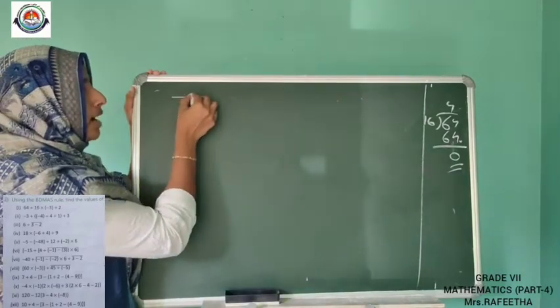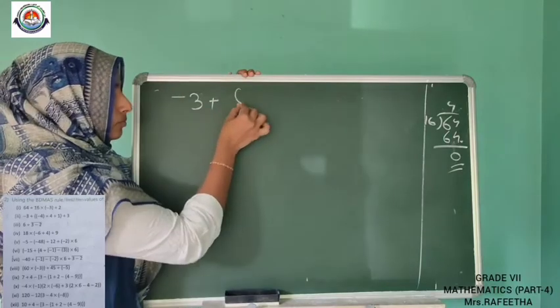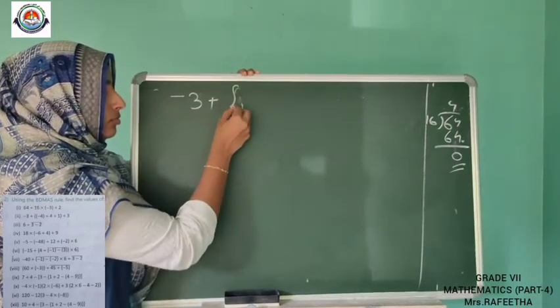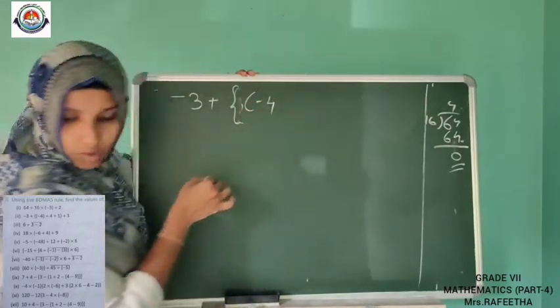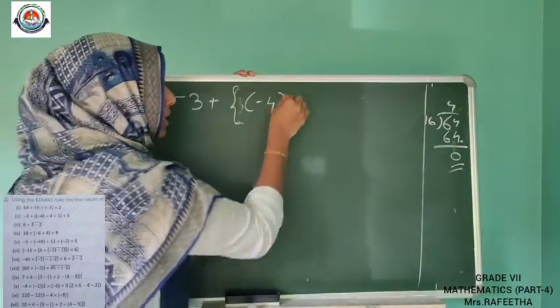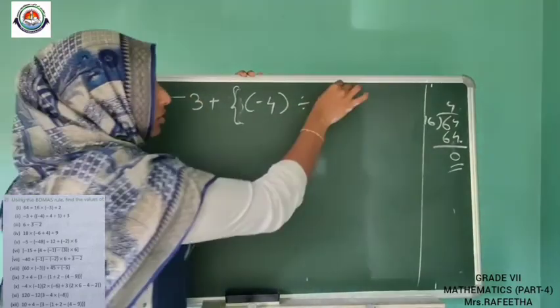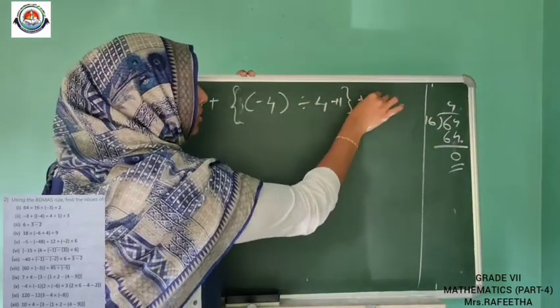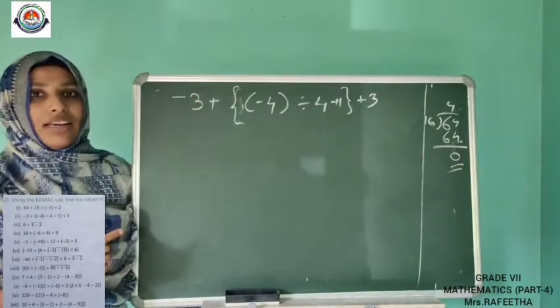Next is minus 3 plus, minus 4, divided by 4 plus 1. Here, how many types of brackets are there?